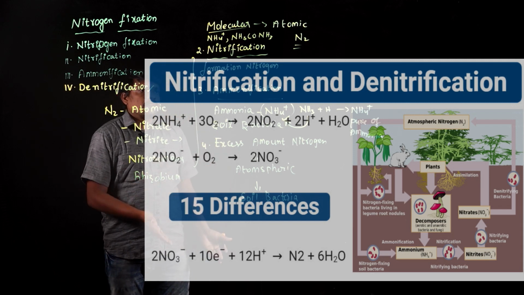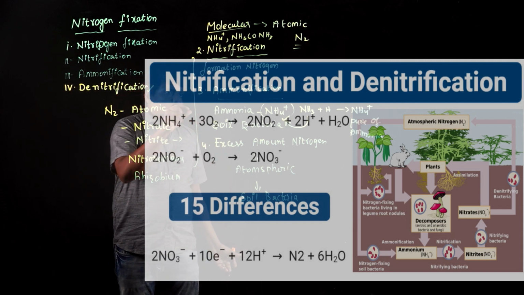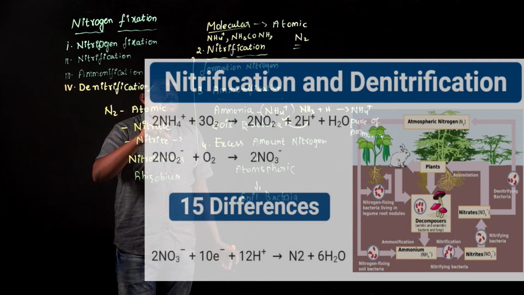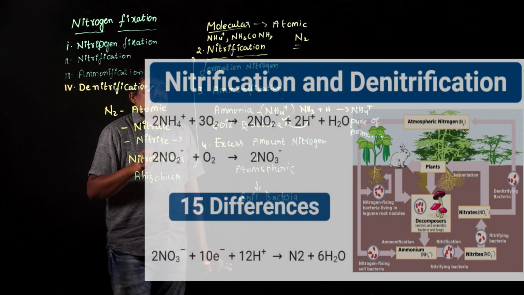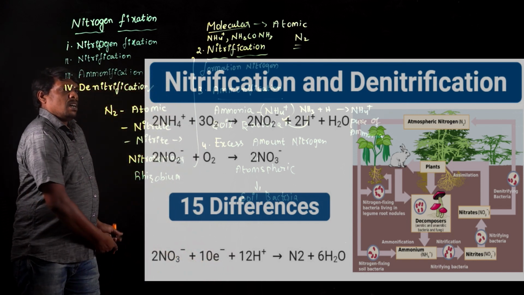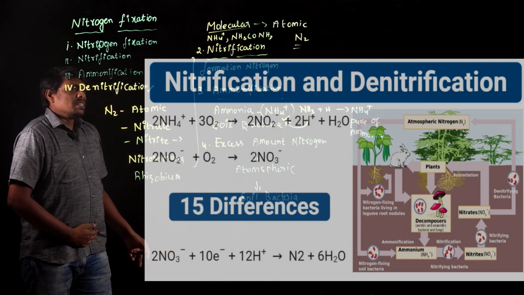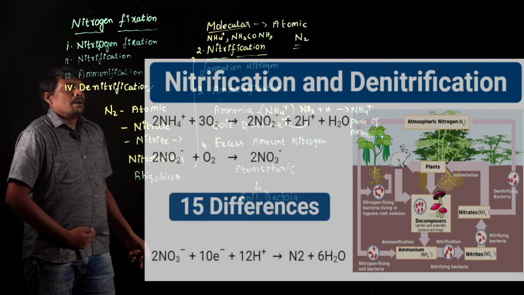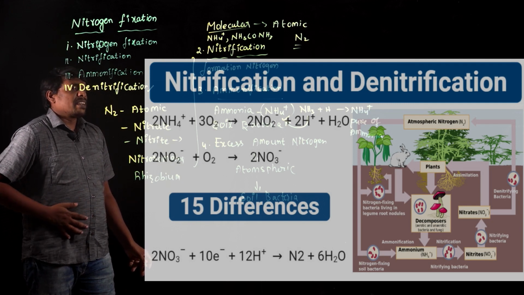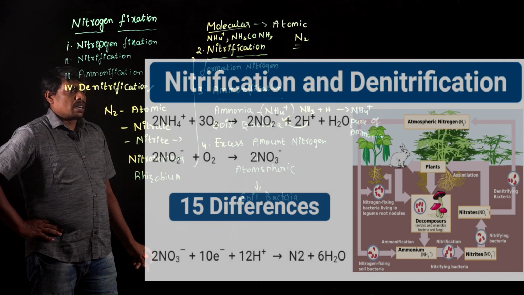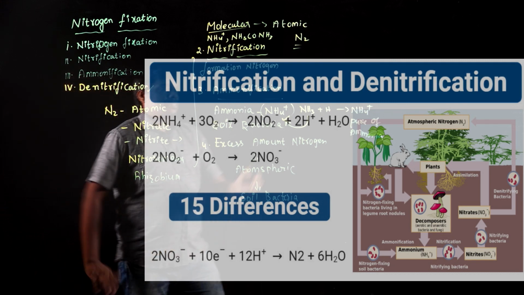So in the steps you can see how nitrification occurs in the first two reactions, whereas in the last reaction, the denitrification by microbes, you can see how this denitrification process occurs.